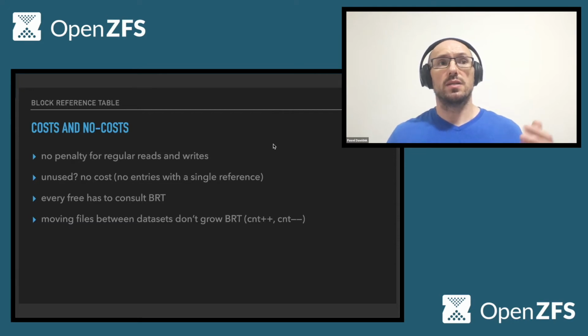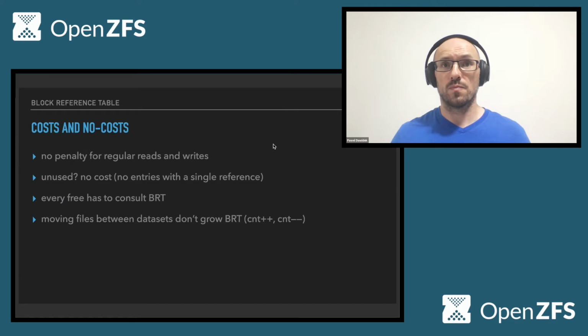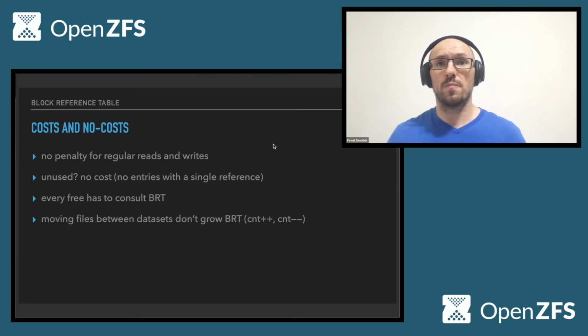The reason being that we want to clone existing blocks. So when we wrote the block, we simply didn't know if this block is going to be cloned or not. So there is no special flag, and of course we cannot modify the block pointer.